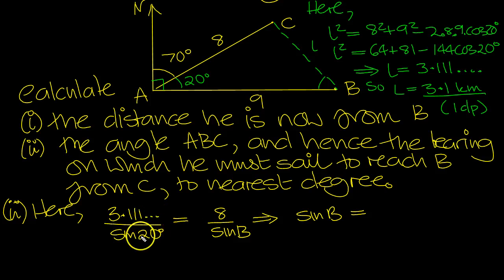And then once we've done that, we can move the sine 20 to be with the 8. And at the same time, we can move this, which is times there, down to divide.